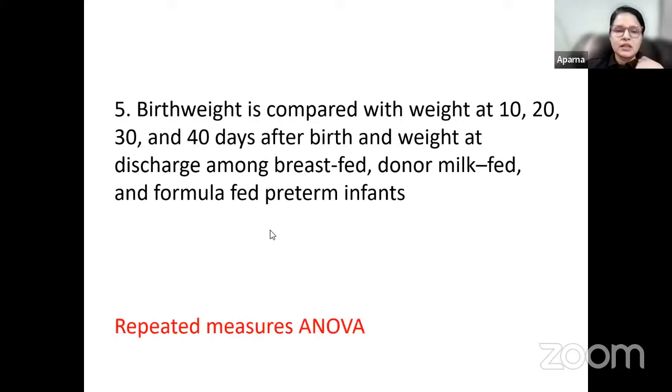So this is a very unique kind of statistical analysis called repeated measures ANOVA if we have to compare this particular variable in these three groups. So I hope it's clear so far and we'll move on to the next two questions.